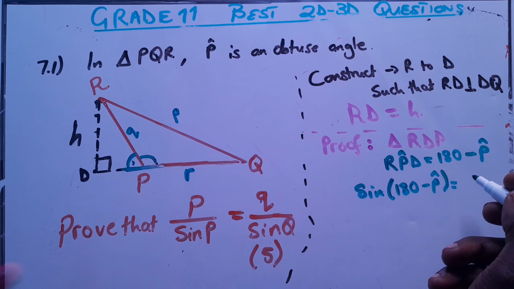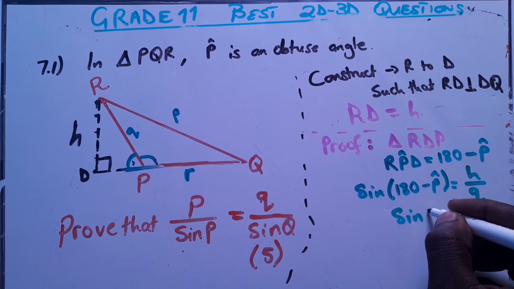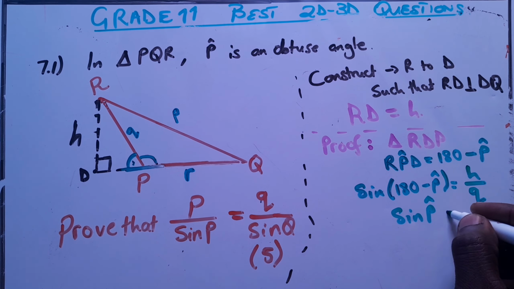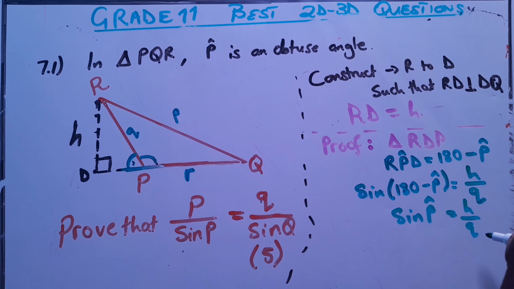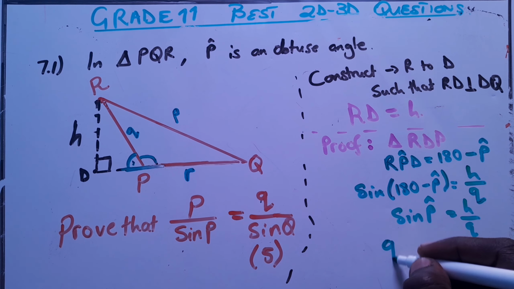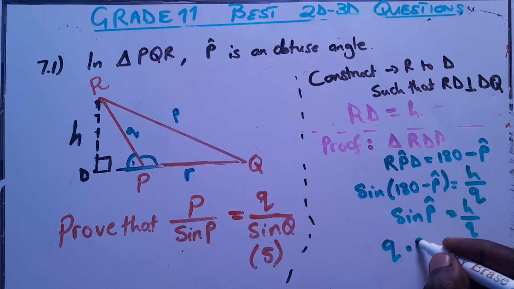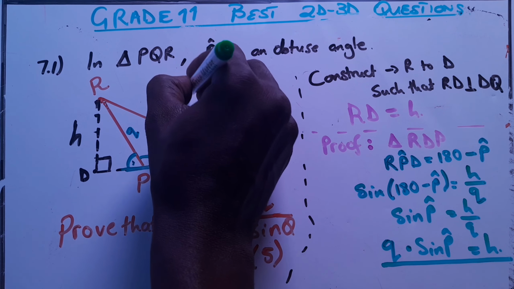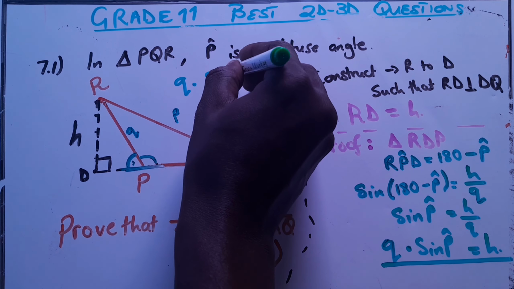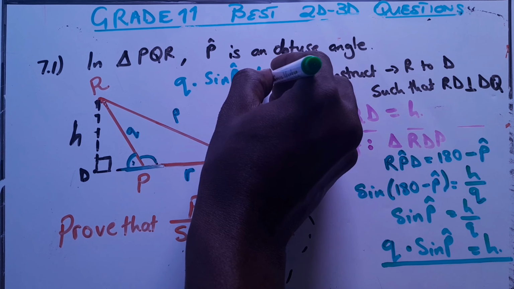This is a reduction formula, so this leaves us with sine of P being equal to h over q. So our q multiplied by sine of P is equal to h. This is what we get using this small triangle, so let's write it here: q sine P equals h.